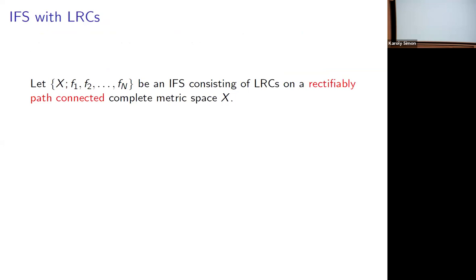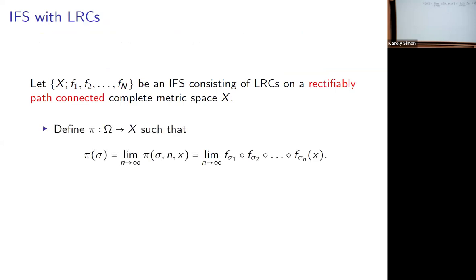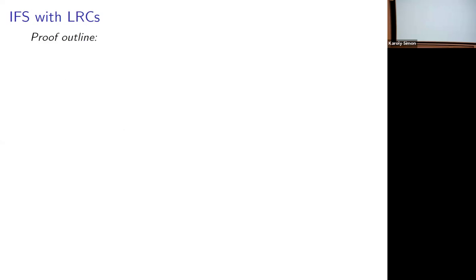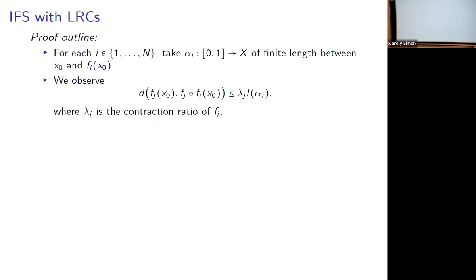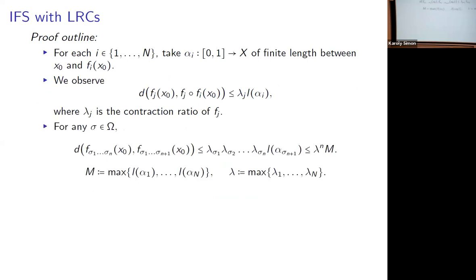So this is an IFS with a rectifiably path connected space and finitely many maps, and we consider the code map, and we show that this code map is well defined and uniformly continuous in the symbolic space. So how do we do that? As you can see, we can use the lemmas from the previous slide to show that this holds, and then this one.